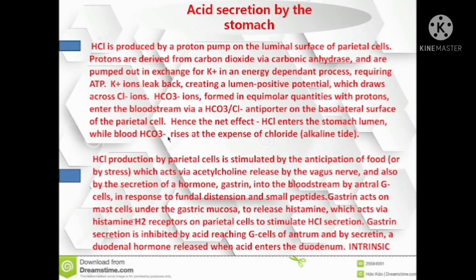So the HCl production is stimulated by food or by stress, okay? Very important. There's a hormone I want to talk about. The secretion of a hormone we call gastrin, okay?